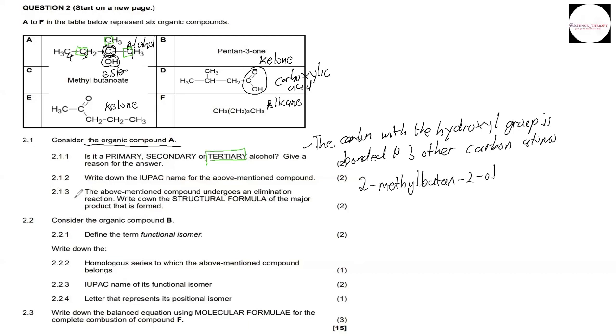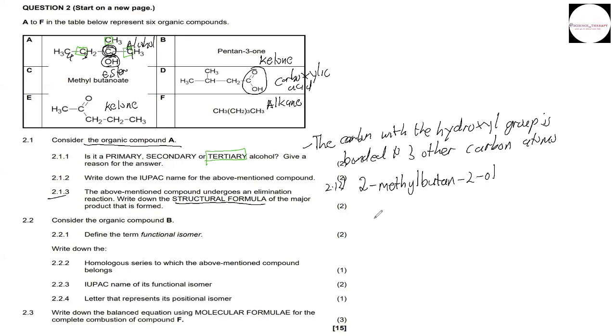Then 2.1.3. So this was for 2.1.2. 2.1.3 says the above mentioned compound undergoes an elimination reaction. Write down the structural formula of the major product that is formed. Write down the what? Structural formula, right? So if this undergoes elimination reaction, we know that the OH and the hydrogen will be eliminated, which will make a double bond here in the first carbon.